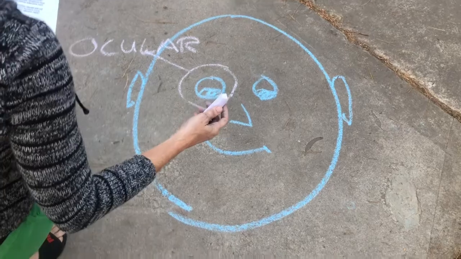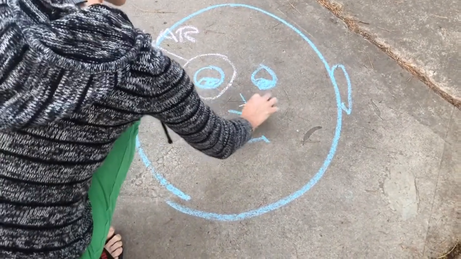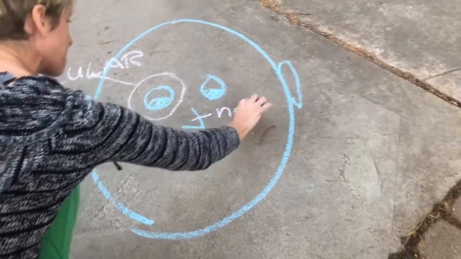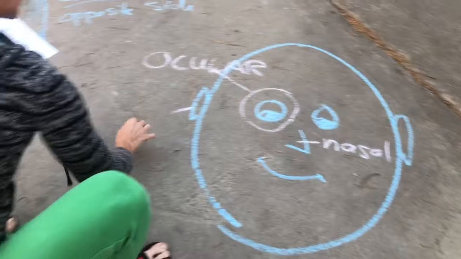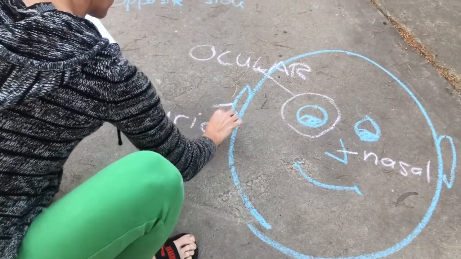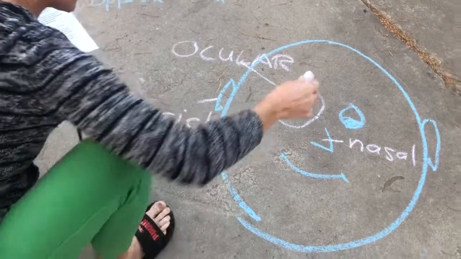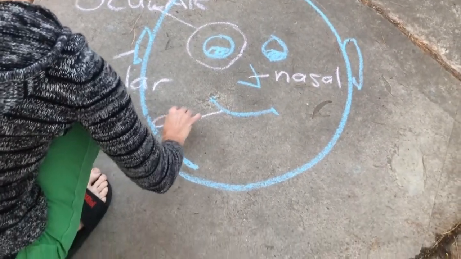One that I think I left off with the page, but I can add it, is nasal, which refers to the nose. Auricular refers to ears. Oral refers to mouth.